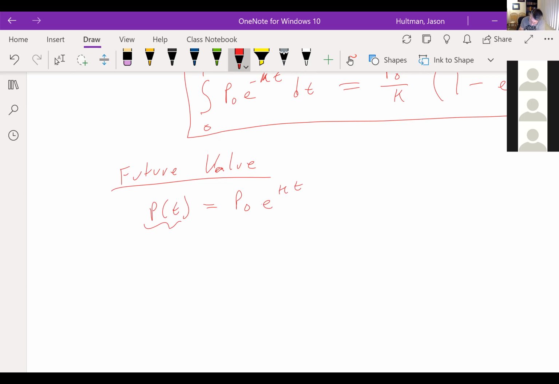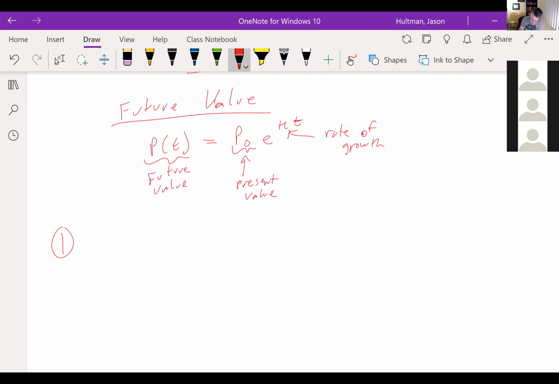This is my future value. When we're talking about growth, that's our future value, and this is my present value, and then this is my rate of growth. So future value, rate of growth, and T is time in years.